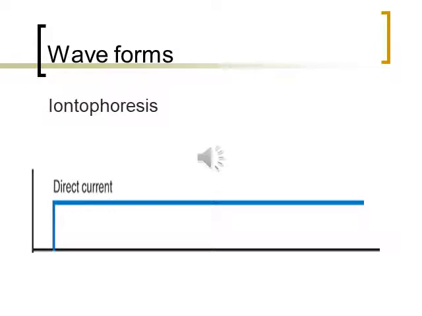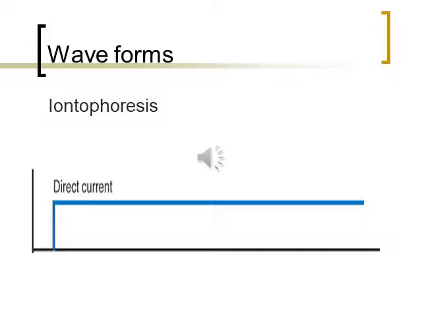Okay, so looking at the shape of the electrical current, we're going to be talking about some waveforms throughout this as they appear clinically. Iontophoresis, again, is a unique type of stim that actually applies a medication through the body. You could highlight this in your notes: this is the only current that is pure direct current. Really important to note.